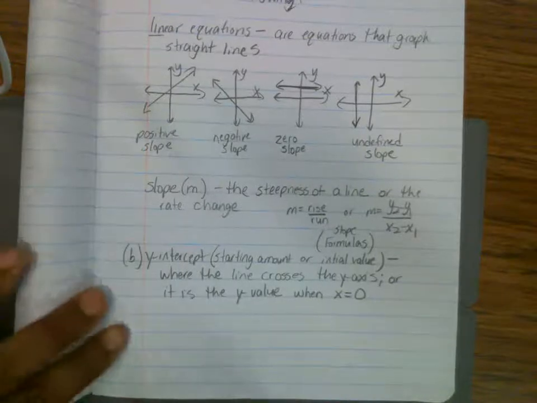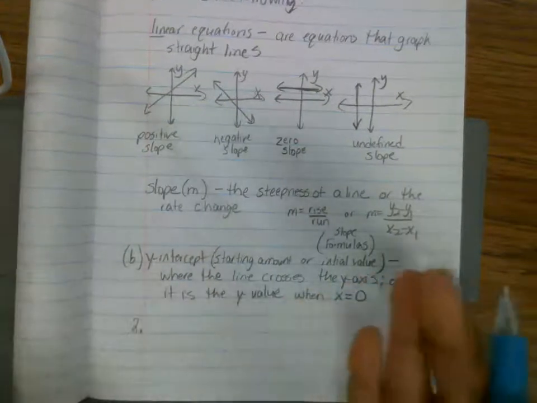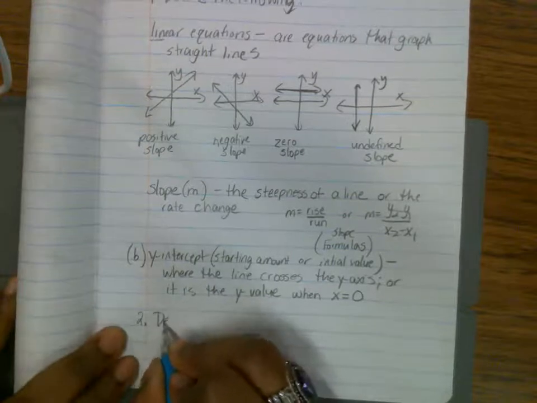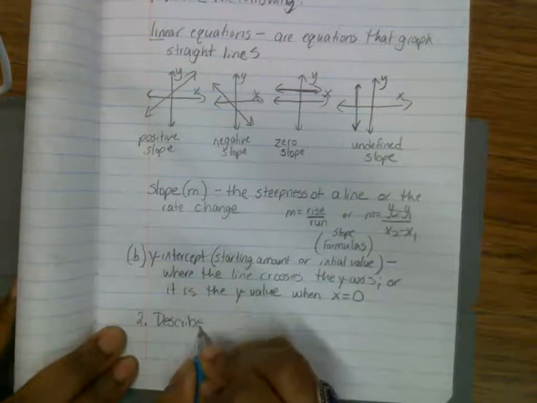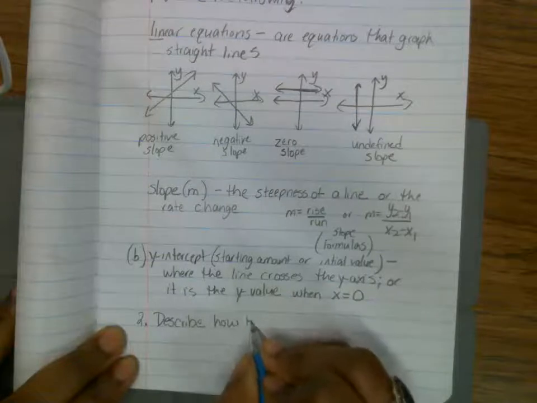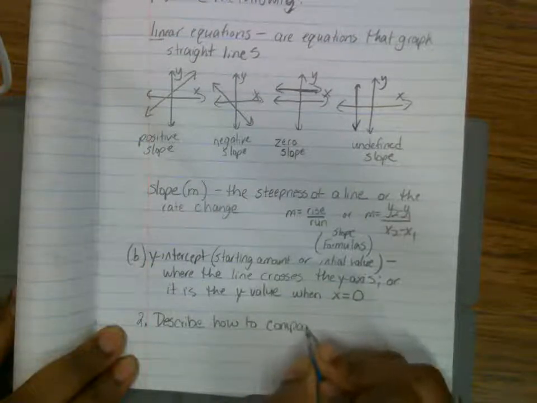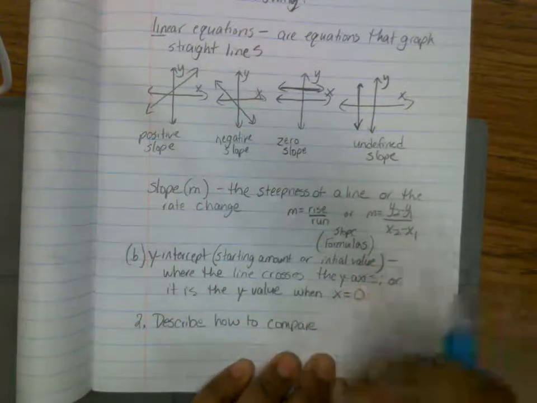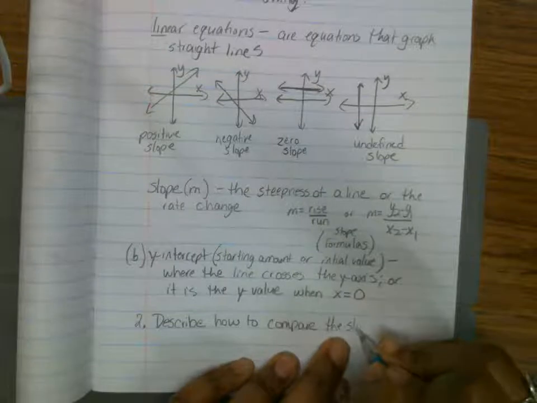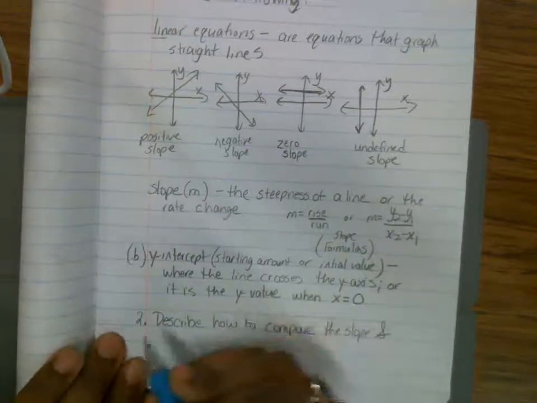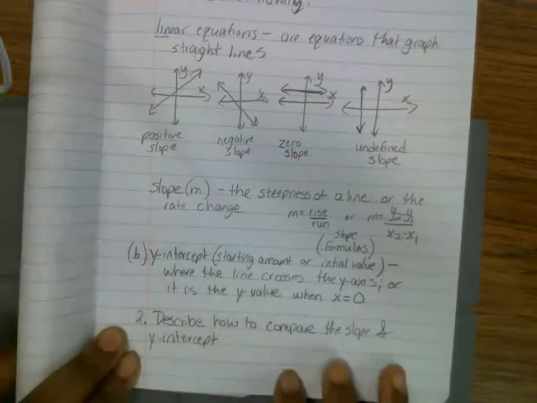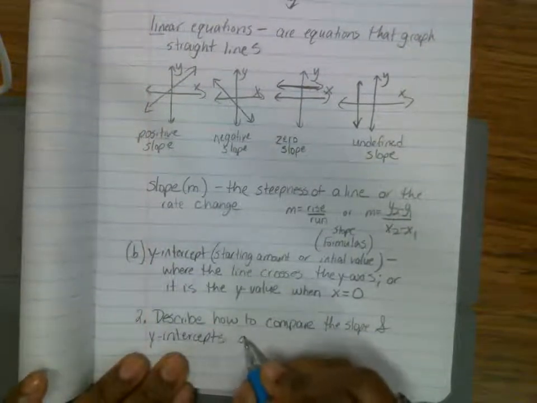All right. Question number 2. I got the questions off our week 5 page. Number 2 is describe how to compare the slope and y-intercept of functions.